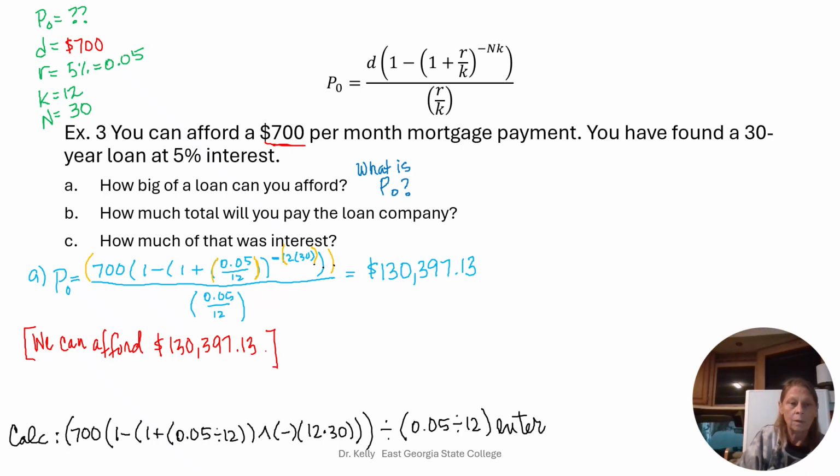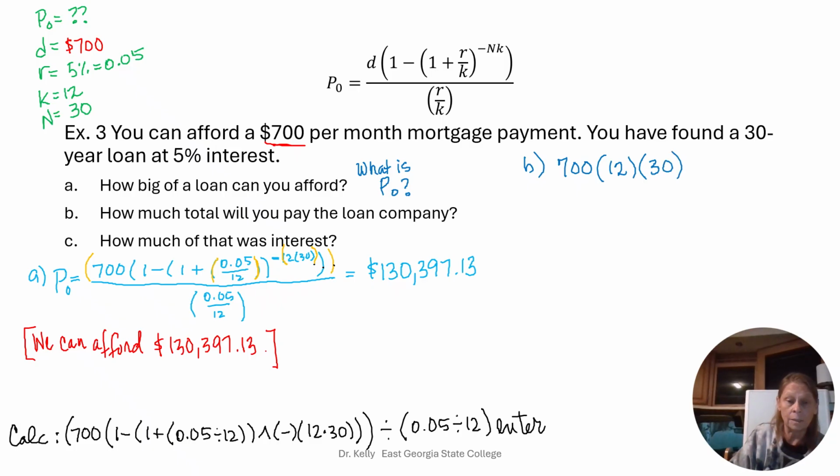Okay. Now, part B says, how much will you pay the loan company? Well, that's literally finding out how much you're actually going to pay them. So if we've got our payments of $700 a month for 12 months times 30 years.